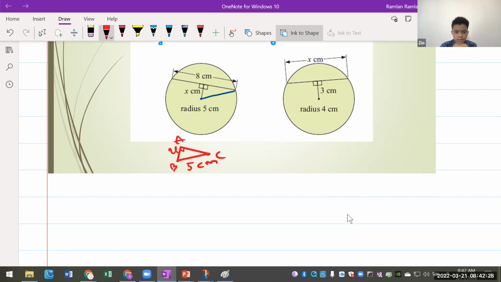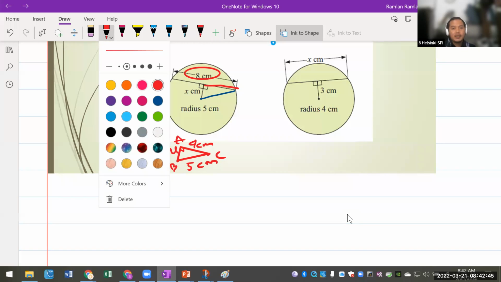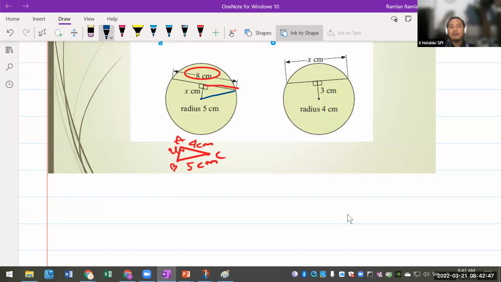AC is 4 centimeters, because this is half of that. So we have two of the side lengths, and we only need to find x. Again, we need to name all of the sides a, b, and c, because we're going to use c squared equals a squared plus b squared.